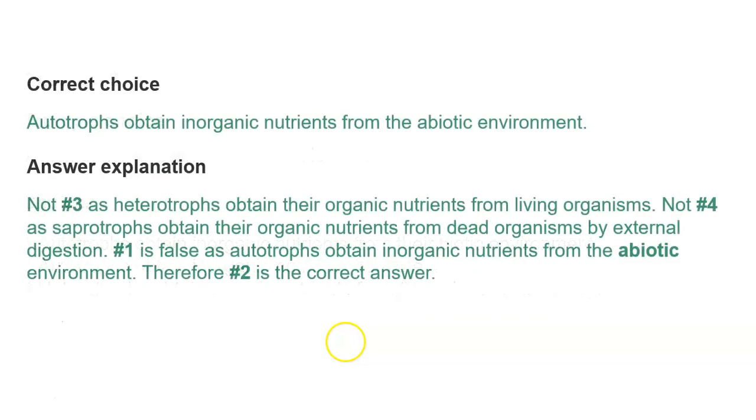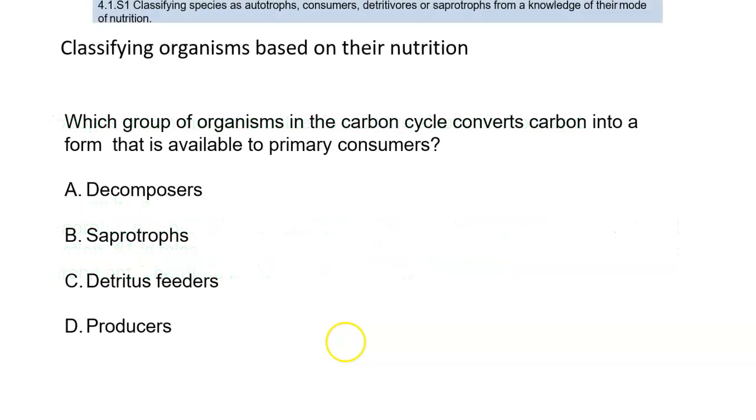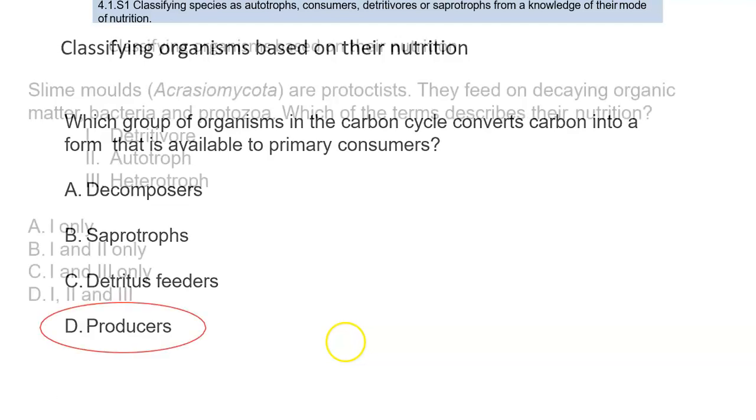Autotrophs obtain inorganic nutrients from the abiotic environment. Classifying organisms based on their nutrition: which group of organisms in the carbon cycle converts carbon into a form that is available to primary consumers? Producers.